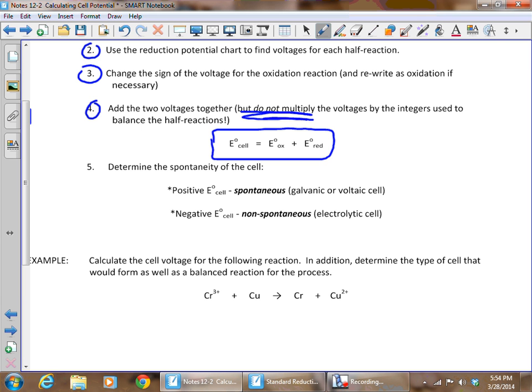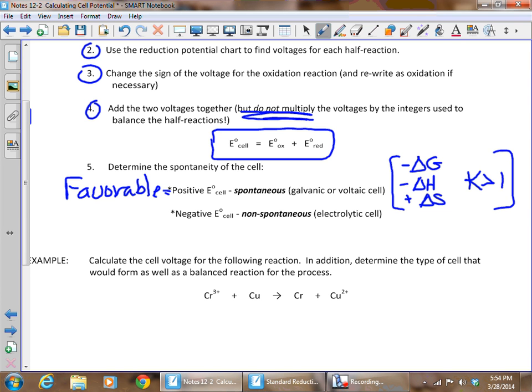And once we do, we're going to get our next favorable situation, and that's the favorable situation for E cell. For E cell, favorable is positive. Positive E cell is favorable. Remember, we've got some other favorable conditions, just to quickly review: negative delta G, negative delta H, positive delta S, and a K that is greater than 1.